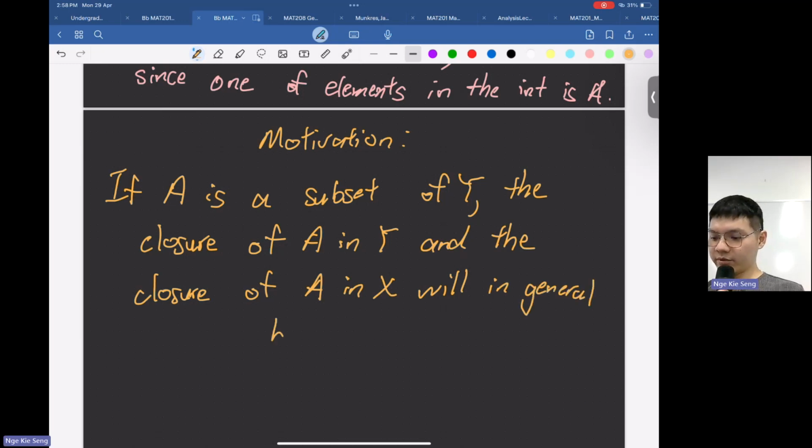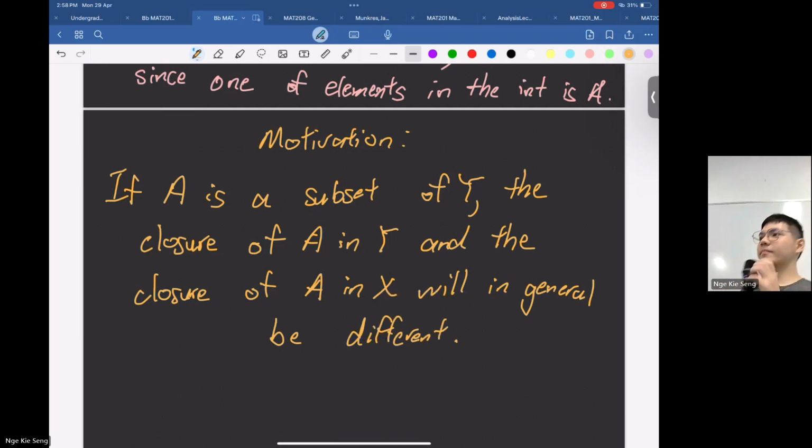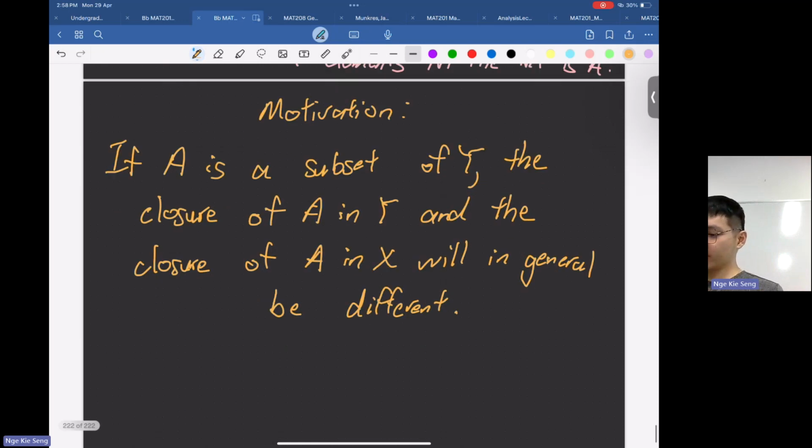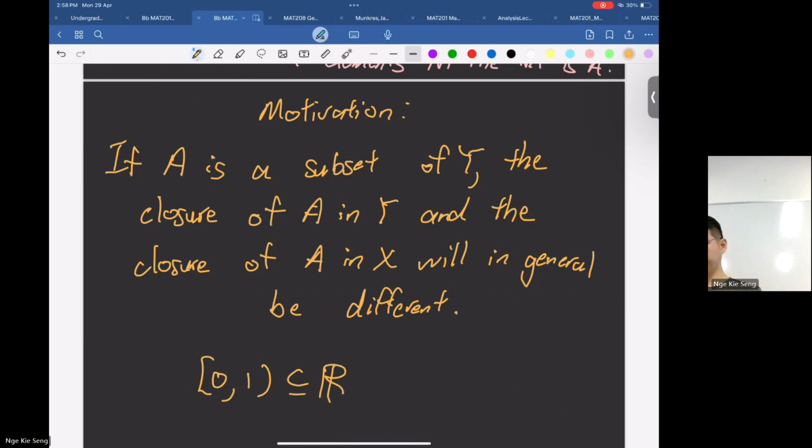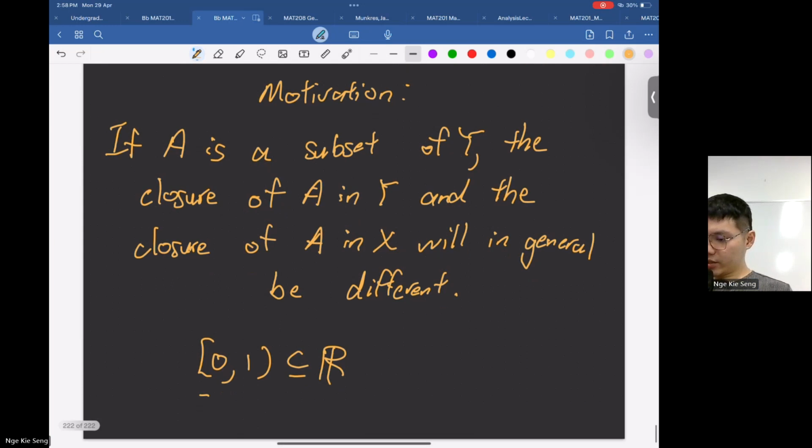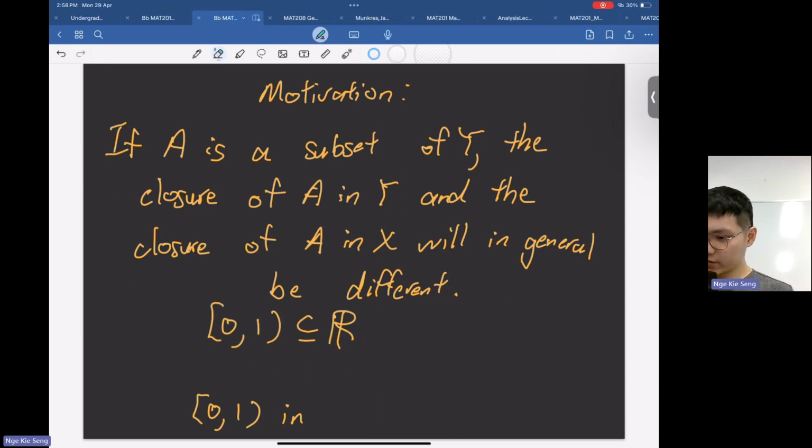Can you quickly give one example? It's the same example we can take from just now. The running example is the interval [0, 1) in R. So the closure of [0, 1) in, okay, let's not write that notation. Maybe it's a bit confusing. So just write it in words.